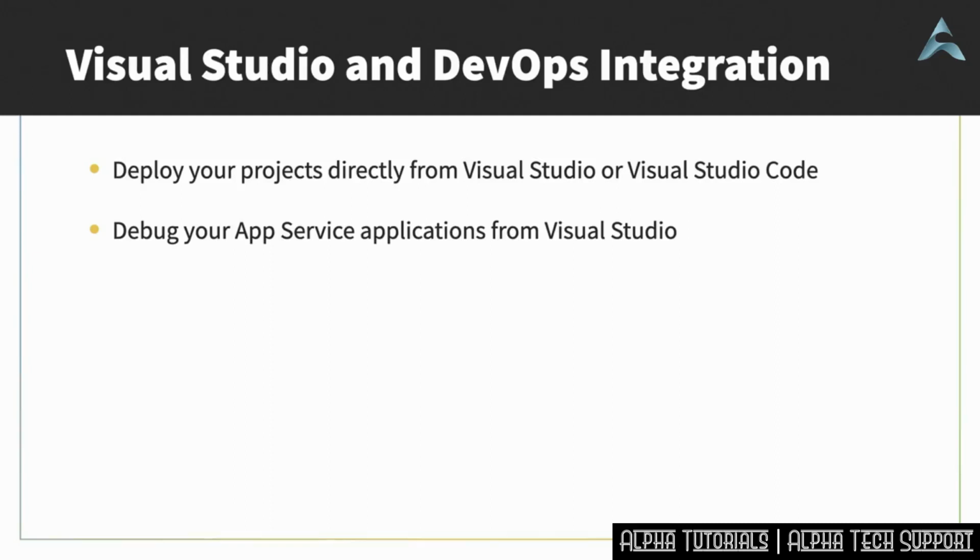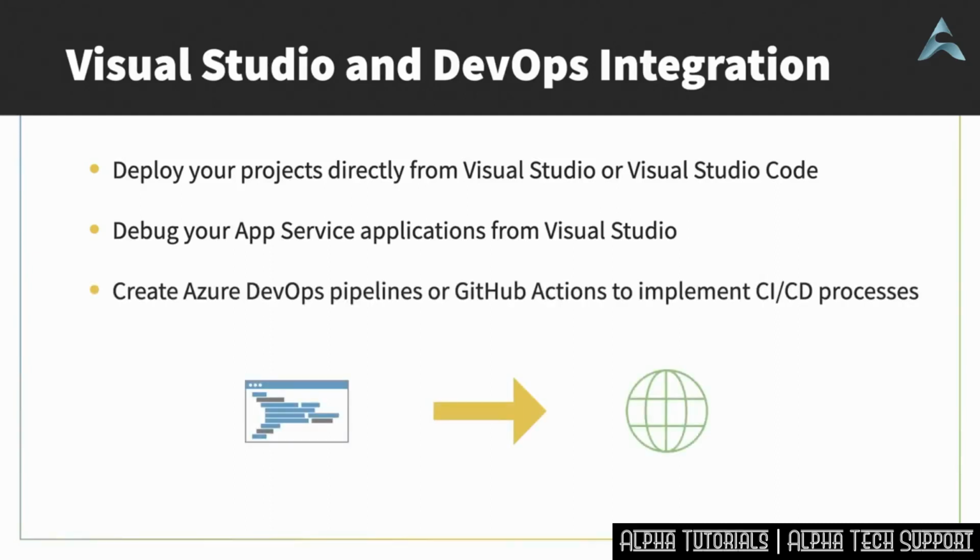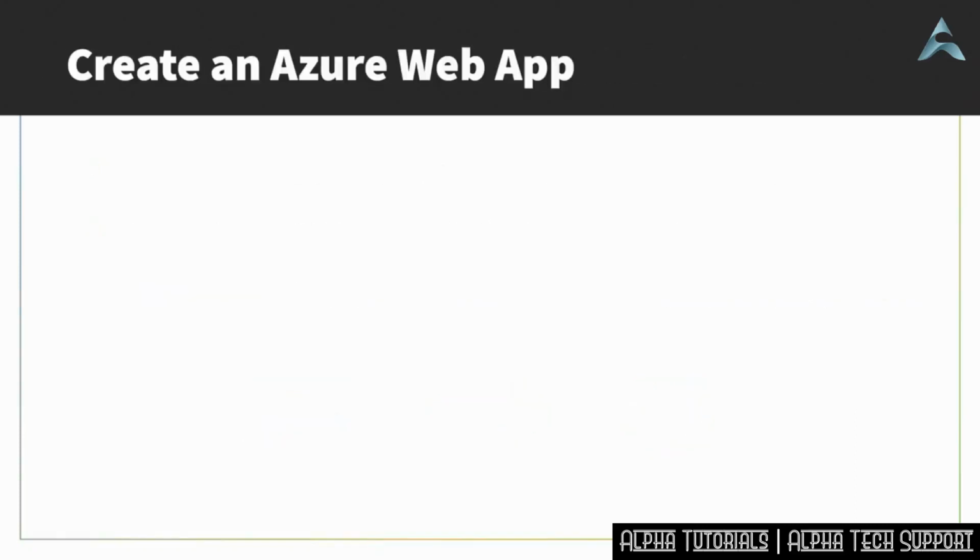We might want to improve this by creating a DevOps approach, a DevOps environment, like using Azure DevOps or using GitHub. And over there we have DevOps pipelines or GitHub Actions that can implement that CI/CD process, so continuous integration and continuous deployment. So now the big question is, okay, that is great, but how can I create an Azure Web App?